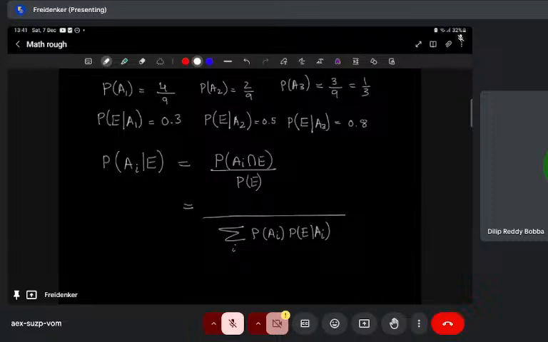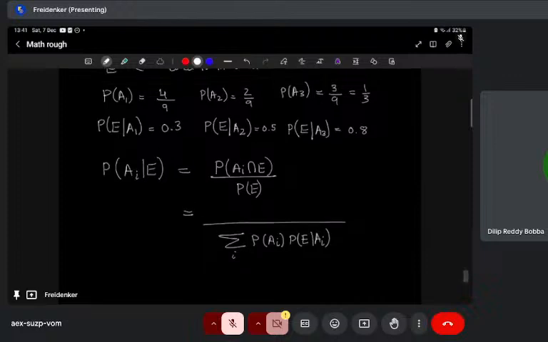AI and E. Here AI is the Chatterjee and all those people getting selected. Here I'll use my multiplication theorem. So here I'll get probability of AI into probability of E given AI.